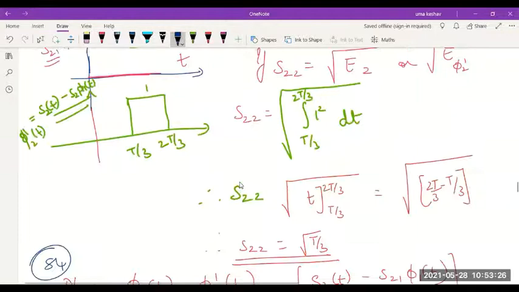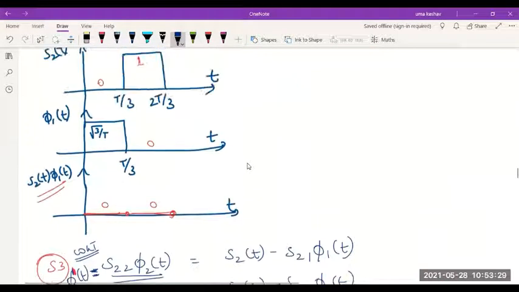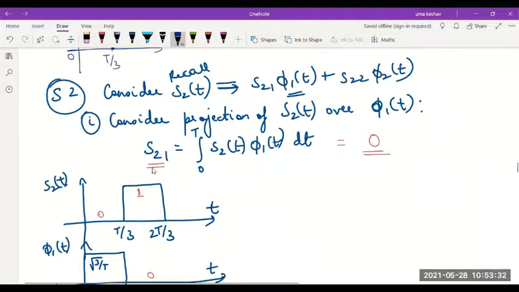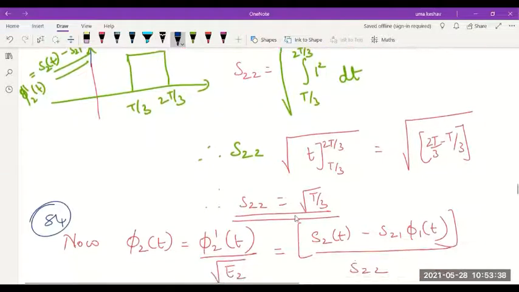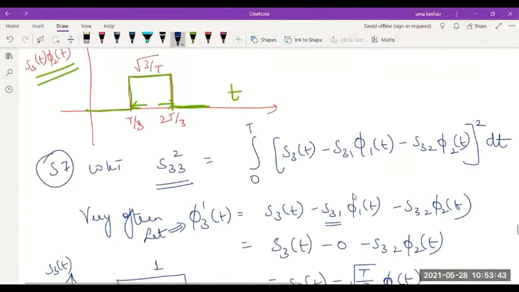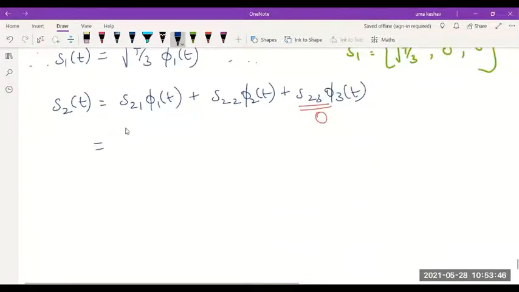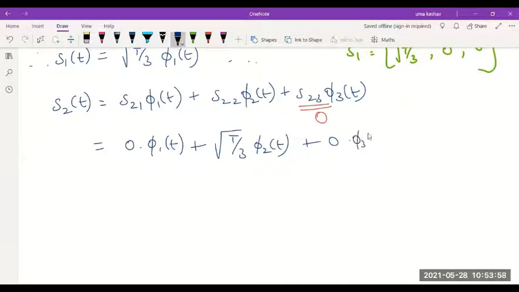What was S21? Yeah, S21 is 0 and S22 is root t by 3. See here, S22 value is root t by 3 and S21 was 0. So let me substitute. This is 0 into phi 1 of t plus root t by 3 into phi 2 of t plus 0 into phi 3. So S2 in terms of equation will have only the phi 2 value.